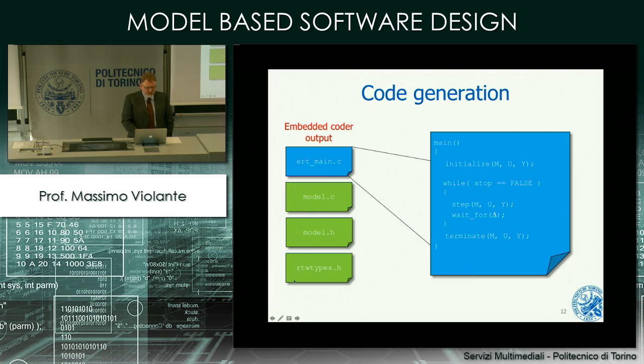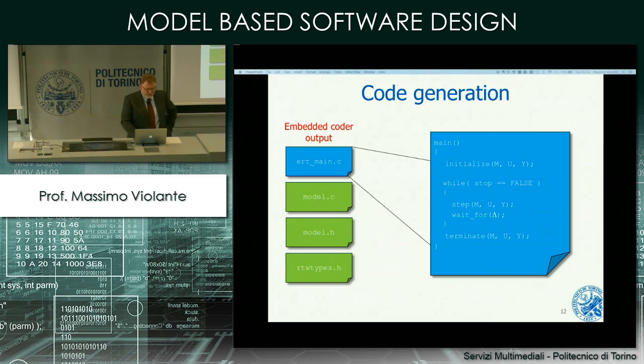Then the other important file is rtwtypes.h, which contains the mapping between the Simulink native data types and the hardware-specific data types.